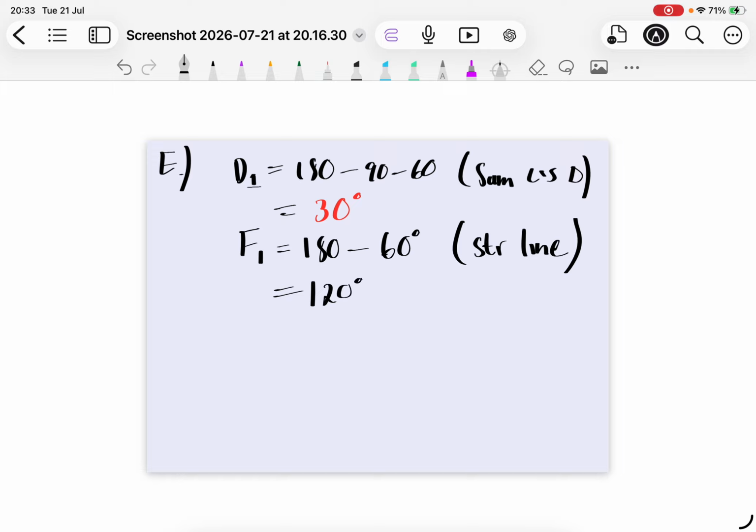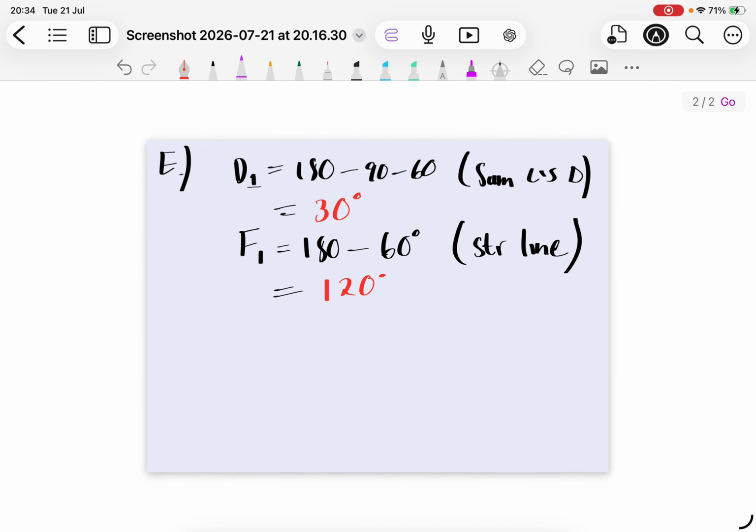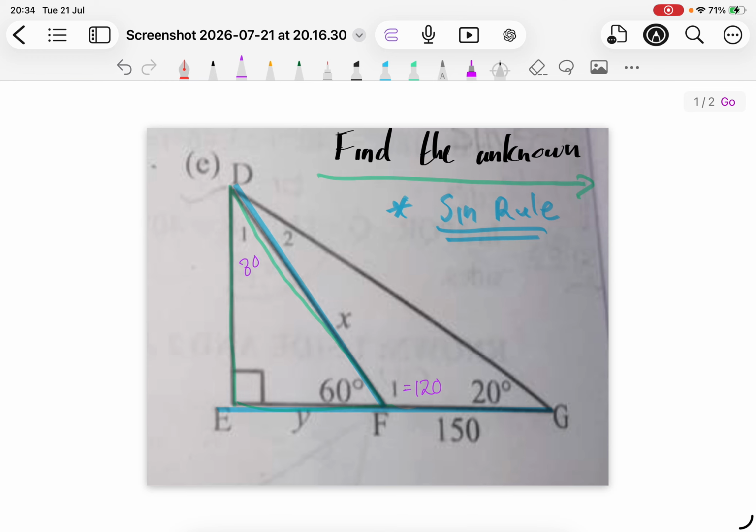You can calculate it using your calculator, you're more than welcome to do that. I'm using simple maths in my head. So that's 120. So now we already have the angle F1. And then another angle, so let me just write it in there. This is 120 degrees. This angle here was then 30 degrees.